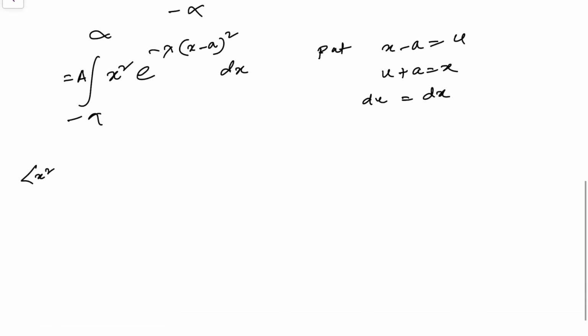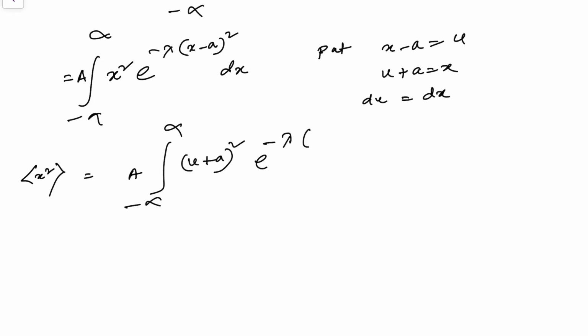If you put those, then this becomes a times the integral from minus to plus infinity of (u plus a) whole square e to the power minus lambda u square du.